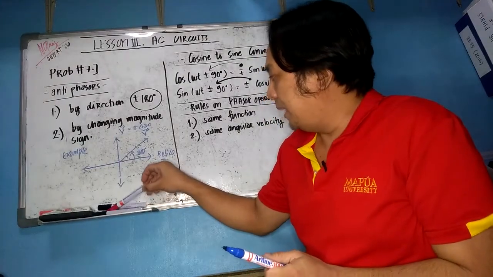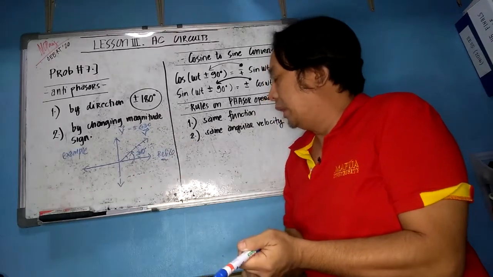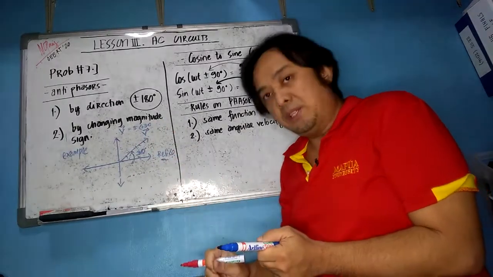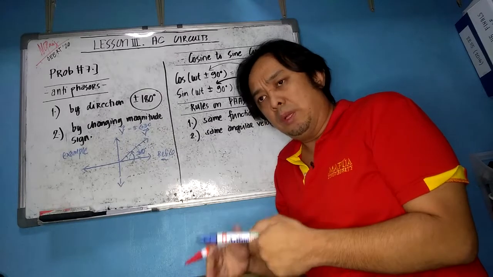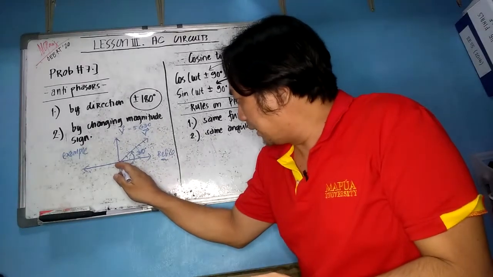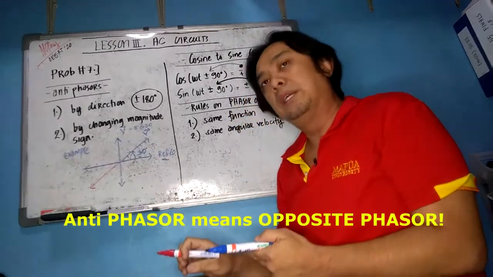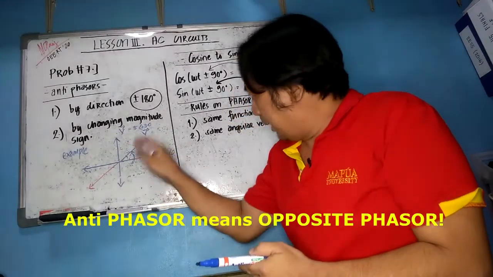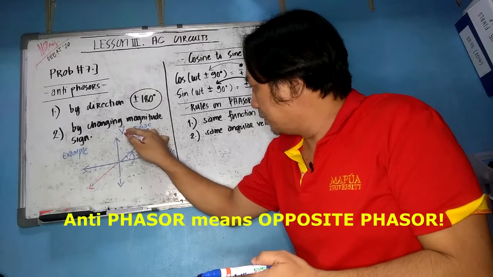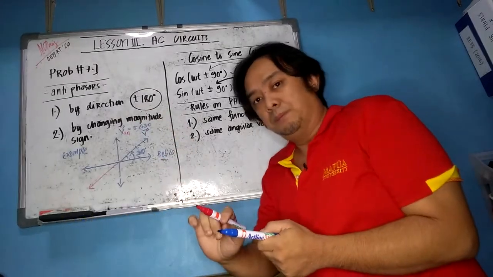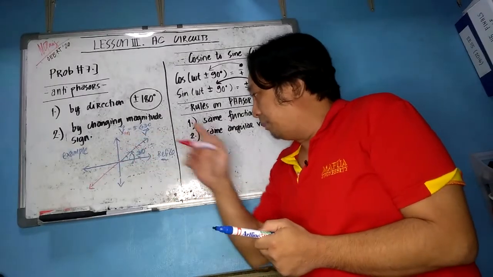However, based on that vector, we need to get the antiphase of that vector. What's the meaning of that? We need to get the antiphase, meaning the opposite of that vector. I could say this one is VAN, for example, meaning phase A up to neutral.